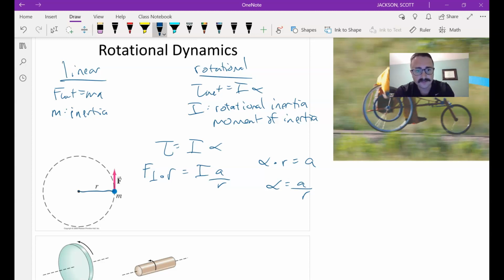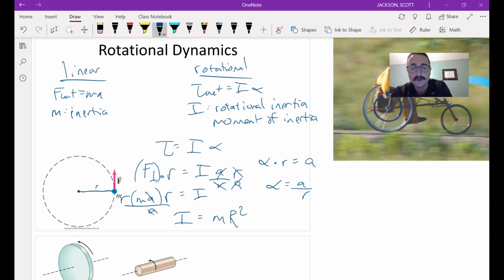Then also we know force could be defined as F equals M times A. So I have that times R equals I. Then a little bit of algebra, I could multiply by R to both sides, divide by A to both sides. So I'm left with I equals mr squared for a point particle.